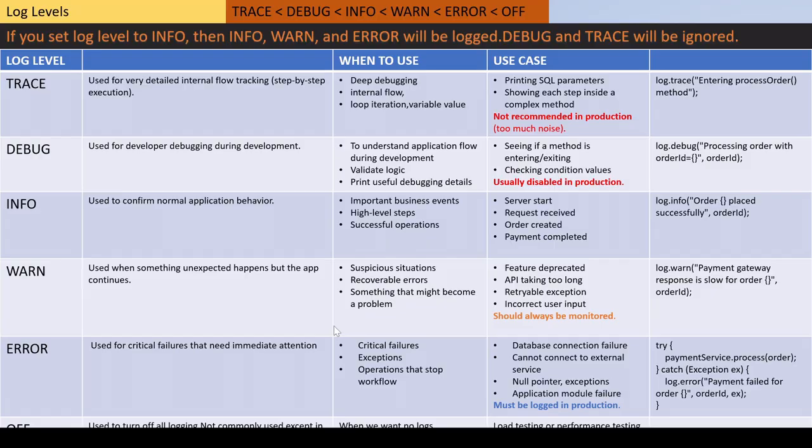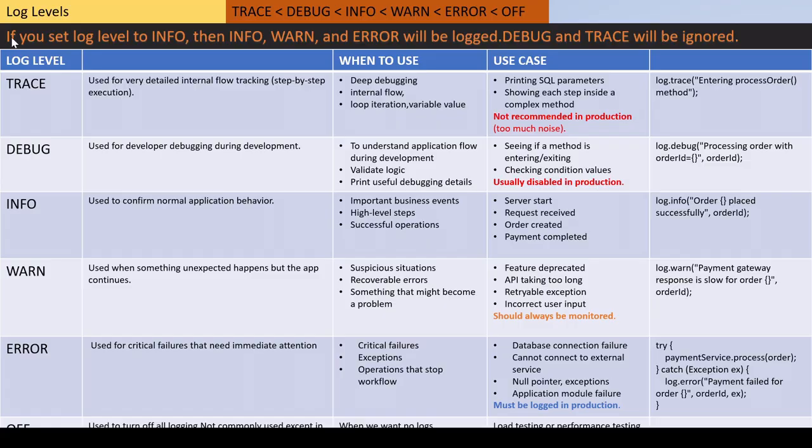Now let's understand all the log levels, when to use which log level, and how we are going to decide when to use trace or debug. There are multiple log levels, like trace, debug, info, warn, error, off. What do they mean?